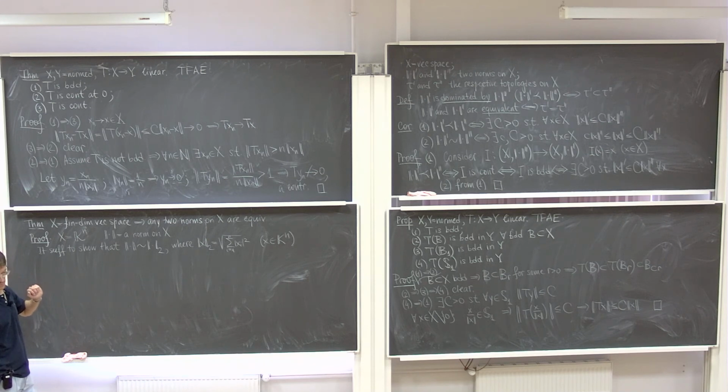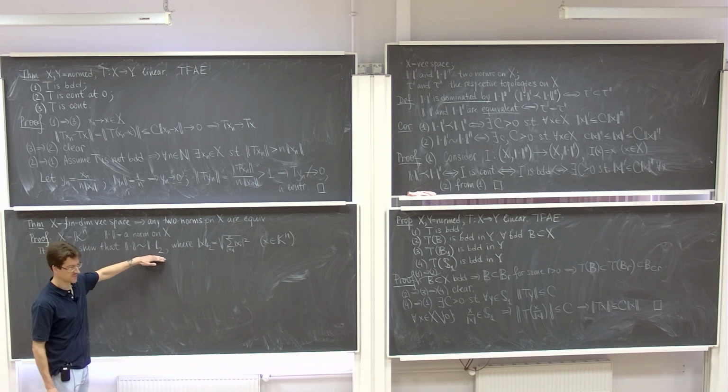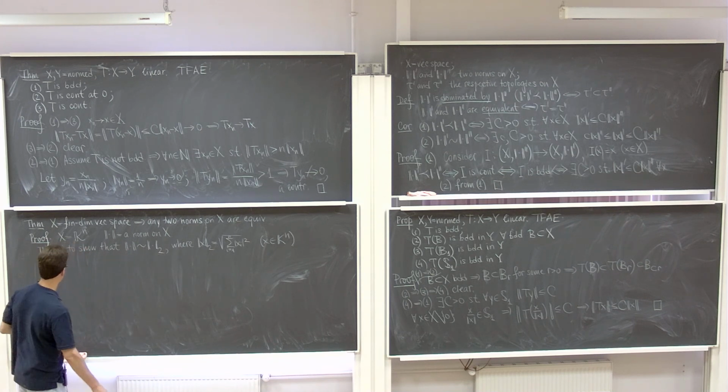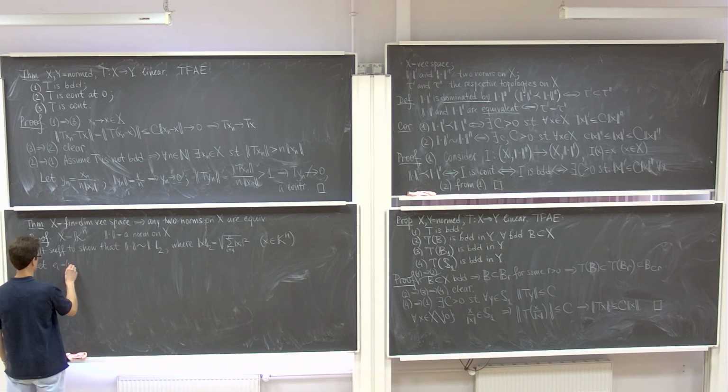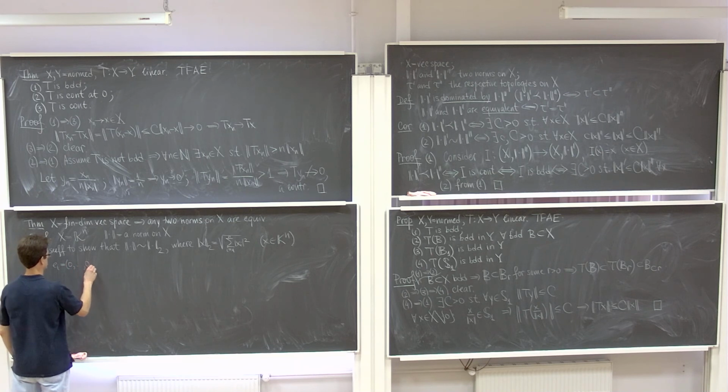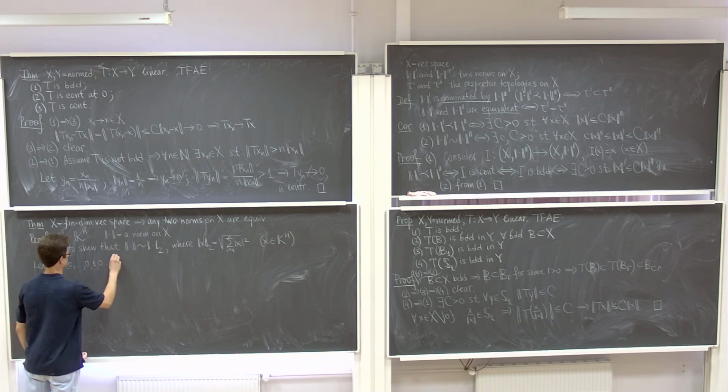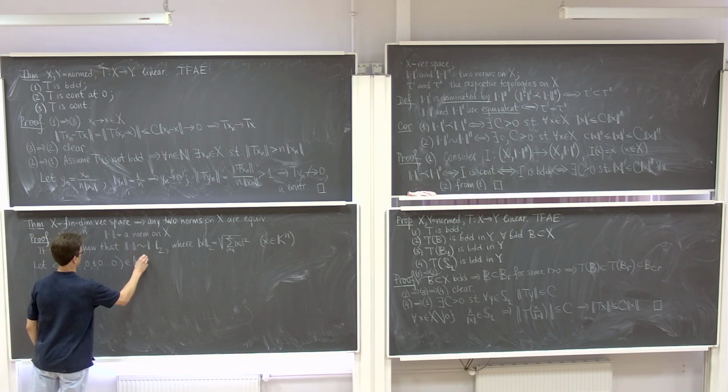Okay, so to show that these norms are equivalent, the proof will be given in two steps. First we show that an arbitrary norm is dominated by the Euclidean norm. So let's denote by e_i the standard vector in K^n of the following form.